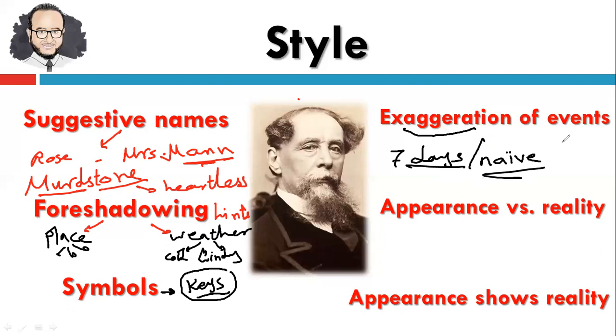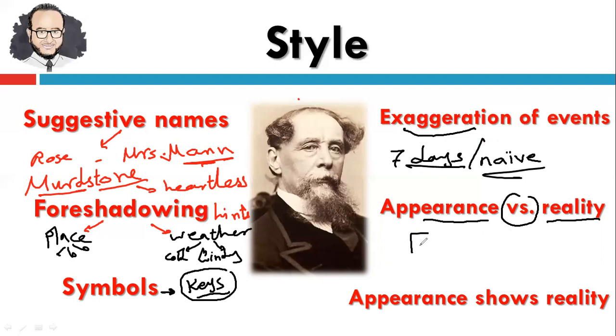Okay, also about this one. Appearance versus reality. Sometimes you have some characters when you see them for the first time and you see their clothes and their behavior and so on, you may be tricked. Okay, and the reality of these people is different.